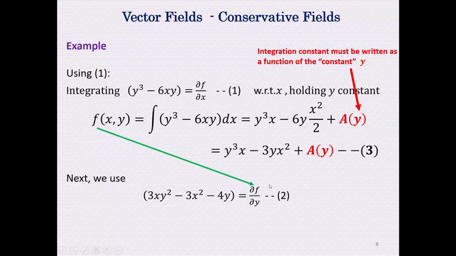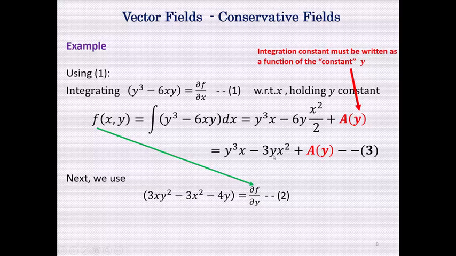So far what we have obtained is an expression for f in terms of x, y and the unknown function a of y. Or in this case, we should call it a constant because y is now a constant. So we are not done yet. We have to find a of y. And obviously, we will use equation 2 that we formed earlier.